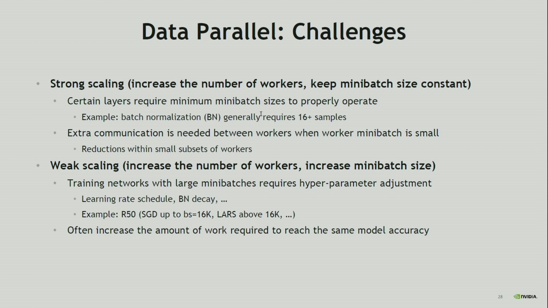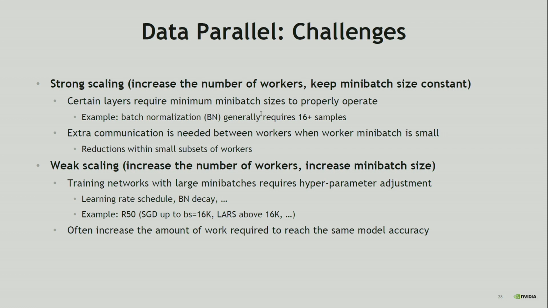Otherwise, networks tend to blow up and not achieve good results. So as soon as per worker sub-mini batch goes below size 16, you need additional communication in both the forward and the backward pass just to maintain the functionality of training. These will effectively result in some all reduces, but only within small subgroups of workers at a time.